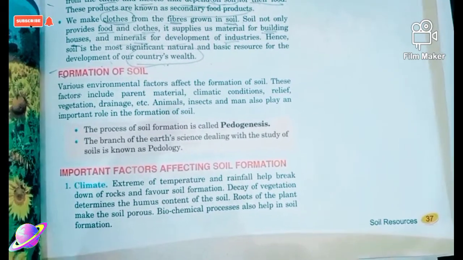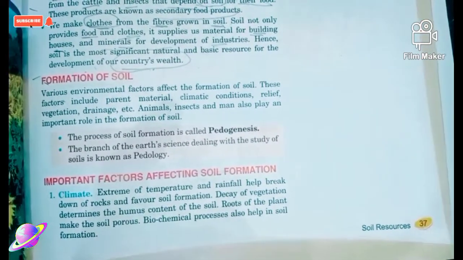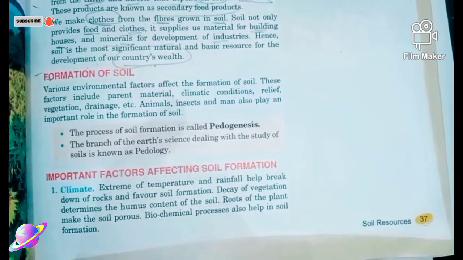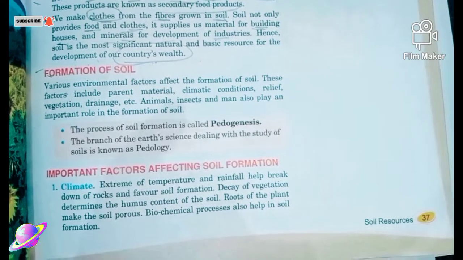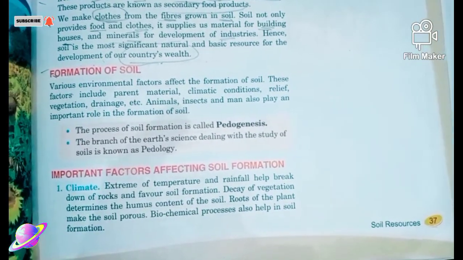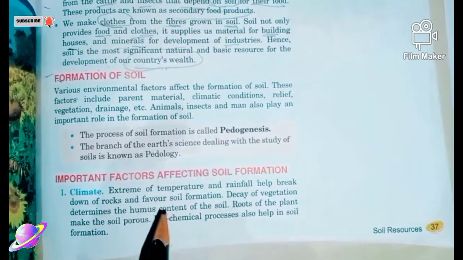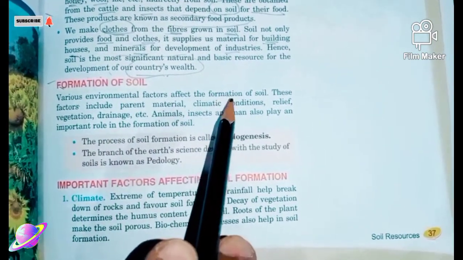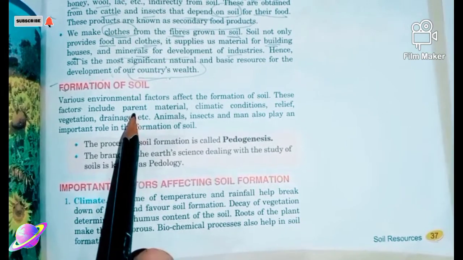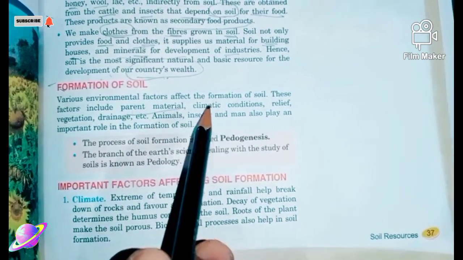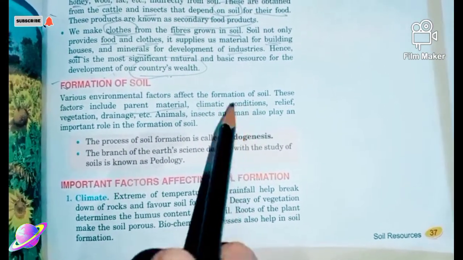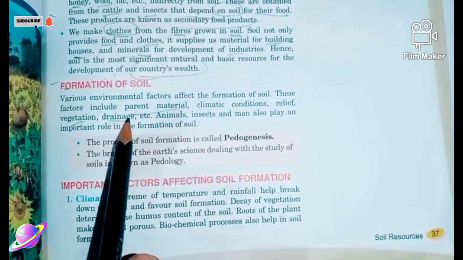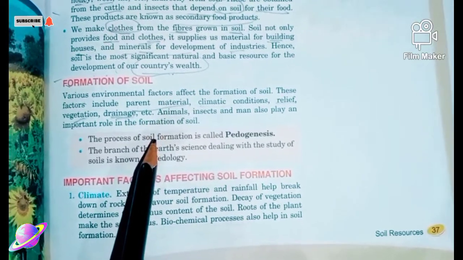Now, this important type of soil, how does it form? The formation of soil doesn't take place in the same way everywhere. There are some factors responsible. There are various environmental factors responsible for the formation of soil, especially the parent rock materials, the climatic conditions of that area, relief features or the vegetation, and the drainage pattern available in that area.